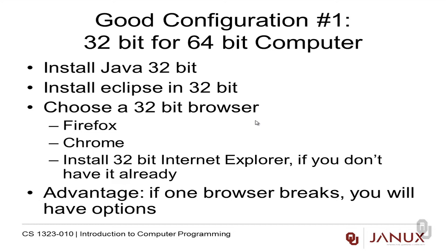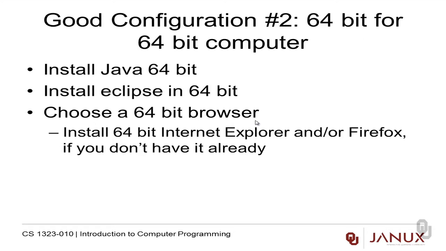There are two possible good configurations for a 64-bit computer. One is to install Java in 32-bit, Eclipse in 32-bit, and choose a 32-bit browser, which could be Firefox, Chrome, or even Internet Explorer installed in 32-bit version if you don't have it already. The advantage of this configuration is if one browser breaks, you'll have lots of options.